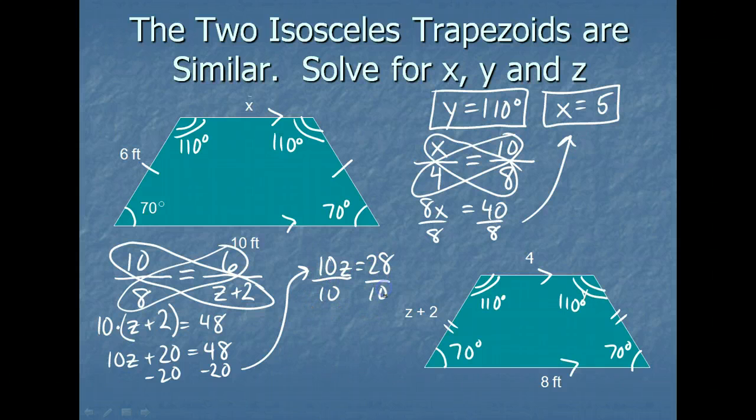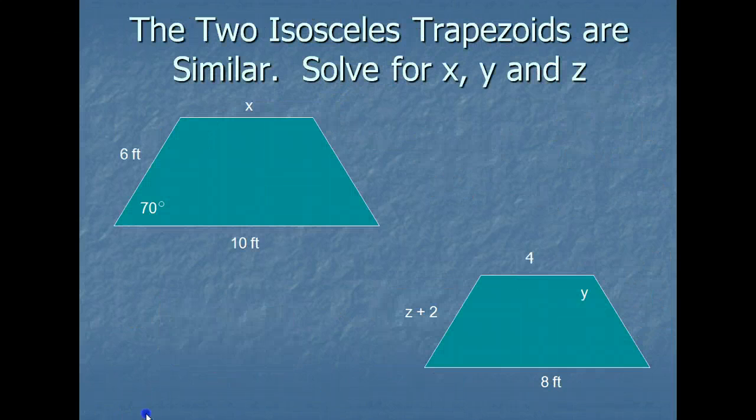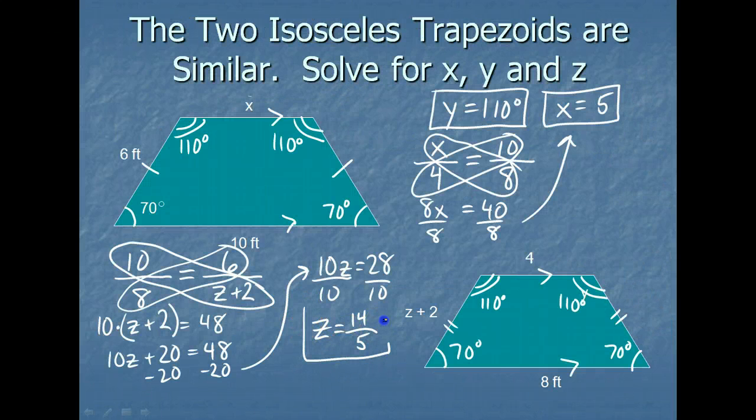Divide by 10. And if I went to a decimal, my answer would be 2.8. But I want to write my answer as a fraction. Both 28 and 10 are both even, so they're both divisible by 2. 28 divided by 2 is 14, and 10 divided by 2 is 5. Notice my answer for z is written as a fraction. Try to keep all your answers in fraction form unless told to do otherwise.